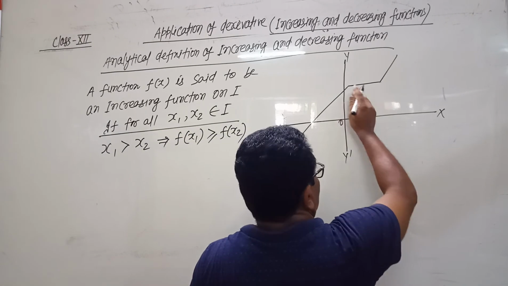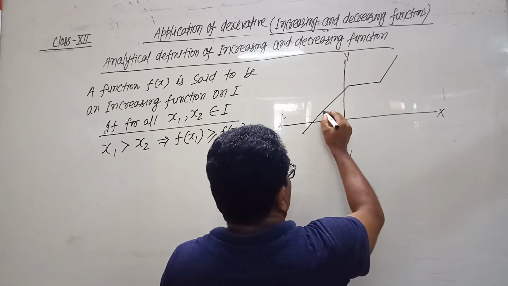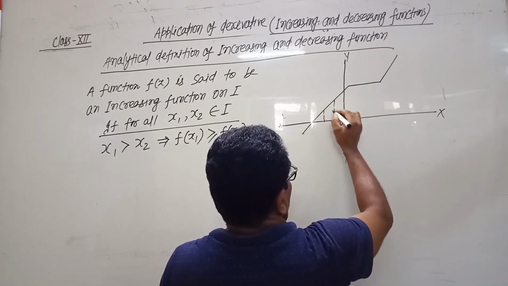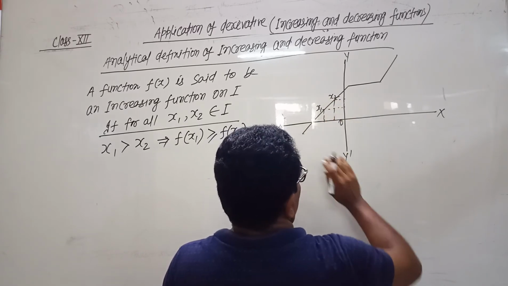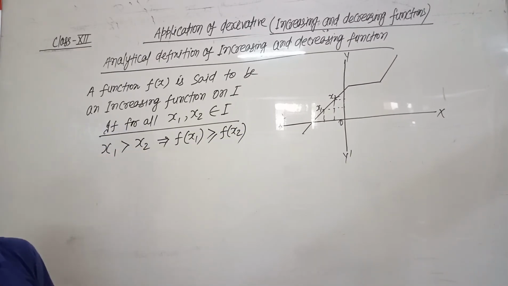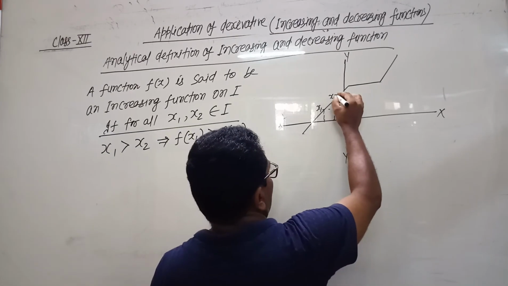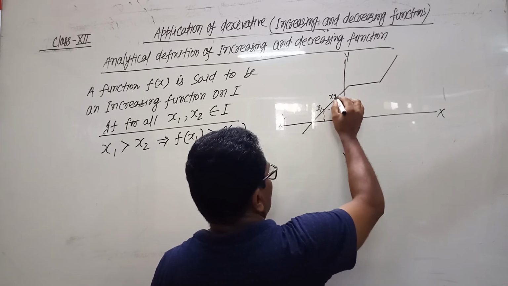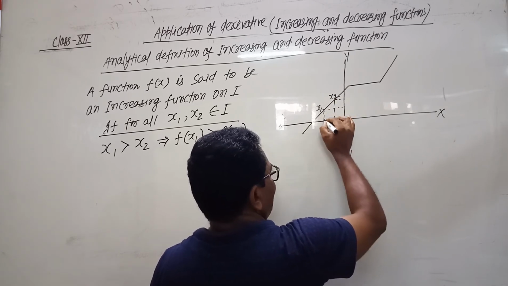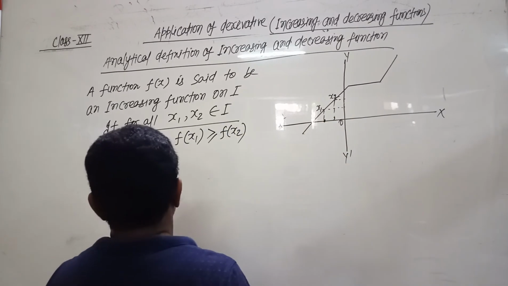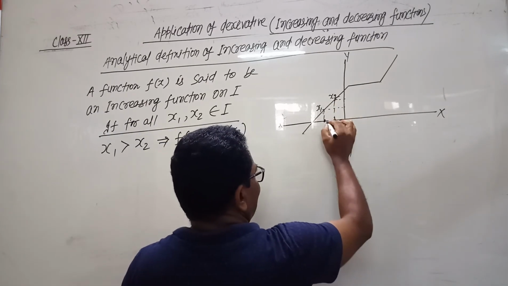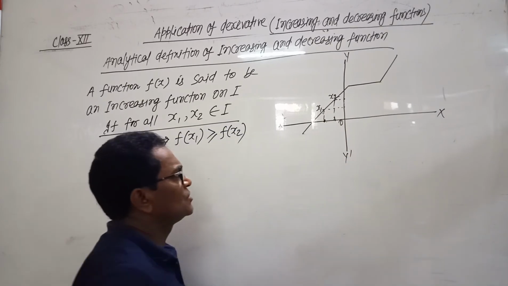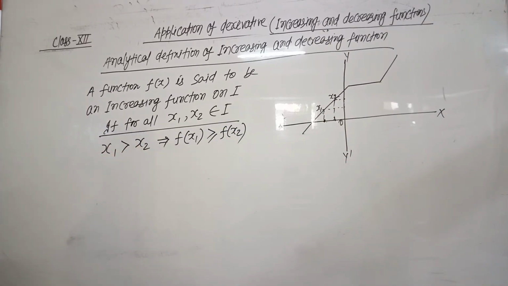So in this graph, if we take 2 points on the graph, x1 and x2, and if x2 is greater than x1, then f(x2) is also greater than f(x1).